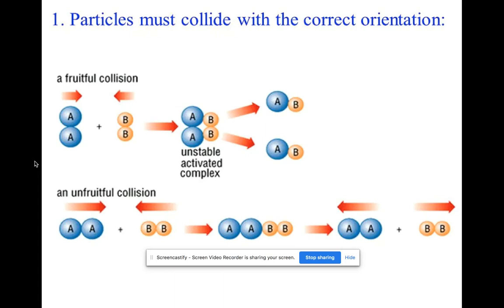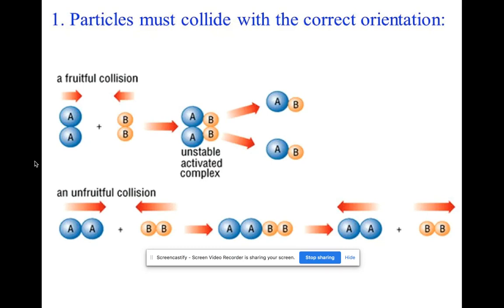Do you see when molecules AA and BB collide? A and B are not together this time. Their orientation is horizontal. And that's just not going to work. So they're not going to form an activated complex, and they're not going to be able to form any new product.